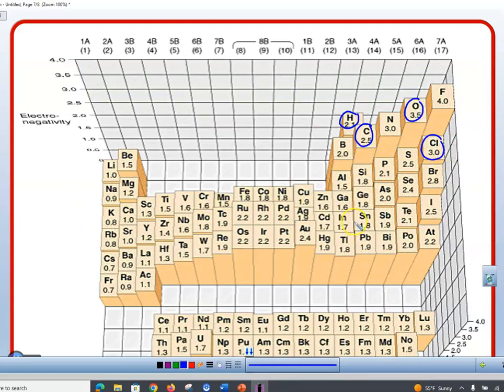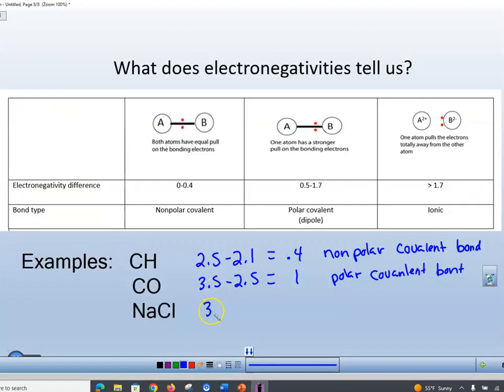I definitely would give you these numbers. You just need to know what they fall in between. So we got 3.0 and 0.9, and we subtract 3.0 minus 0.9, and you get 2.1, which is greater than 1.7. We probably should know this is an ionic bond, where most metals and nonmetals fall.